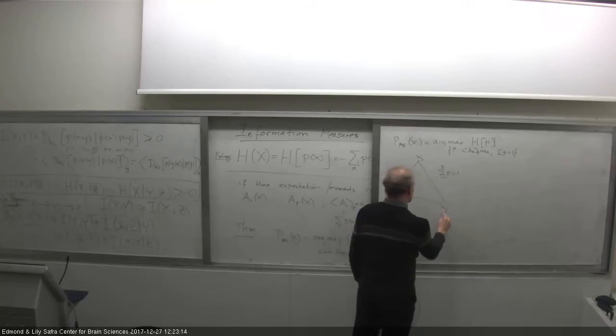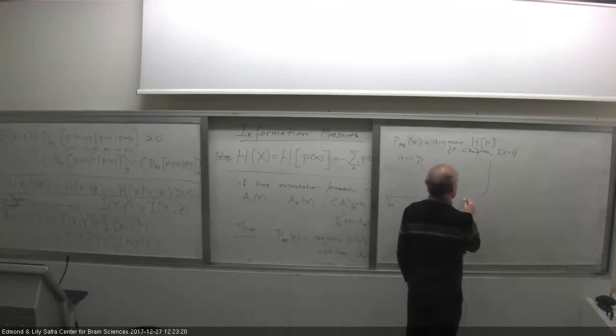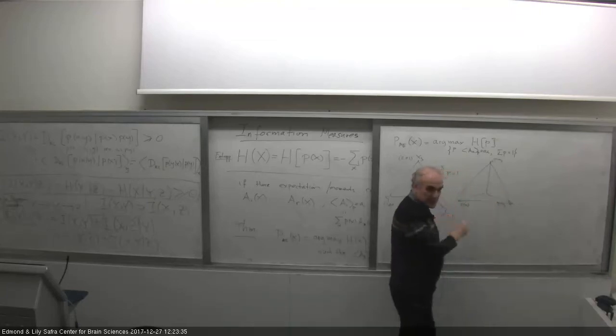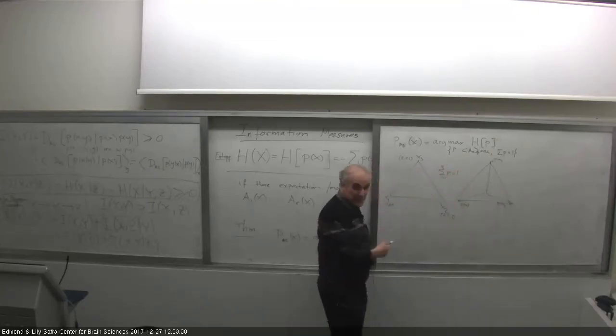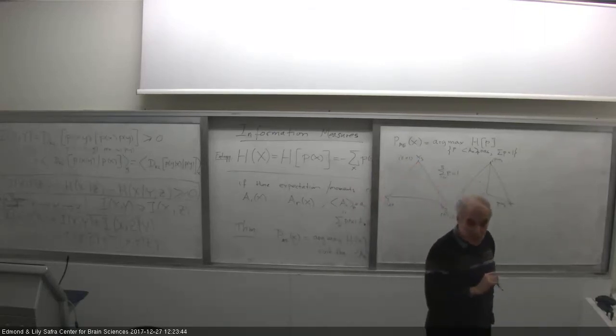This is the point 0, 1, 0. And this is the point 0, 0, 1. This is in 3 dimensions: the probability of x1, the probability of x2, the probability of x3. The simplex is a linear triangle that cuts through the axes. Every point on this simplex corresponds to a distribution over 1, 2, and 3.